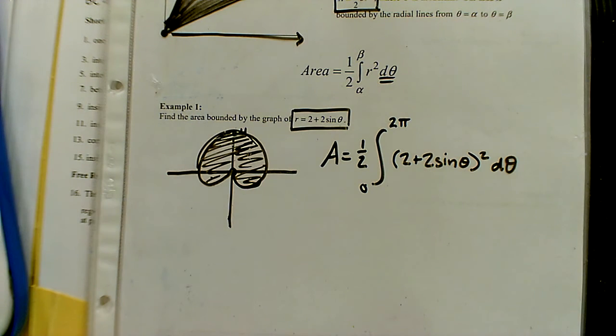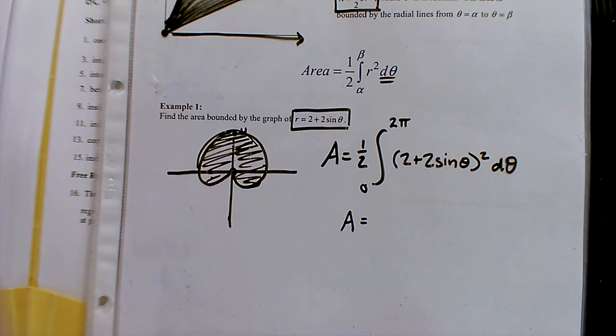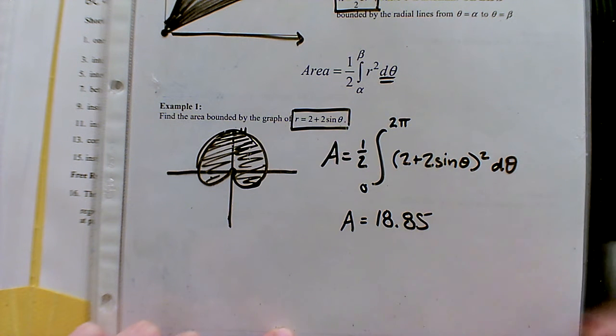Okay, so let's go ahead and we're going to use our calculator for all of these. We're just going to type it in and see what we get as that area. What did we get? 18.85.